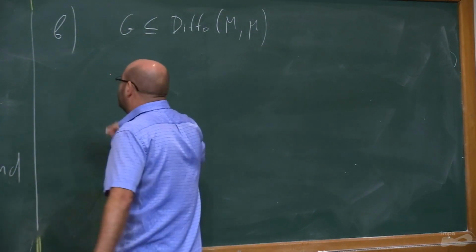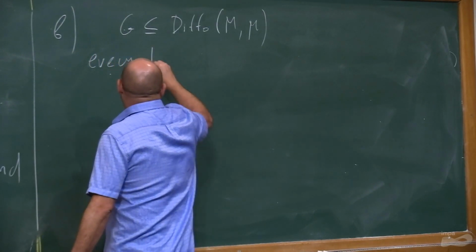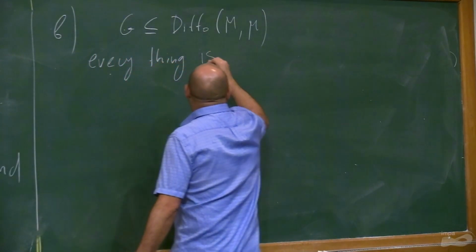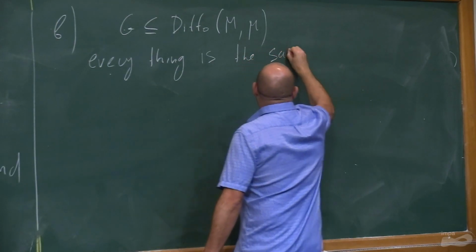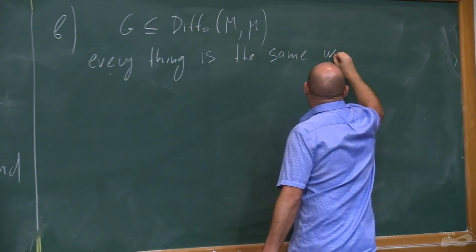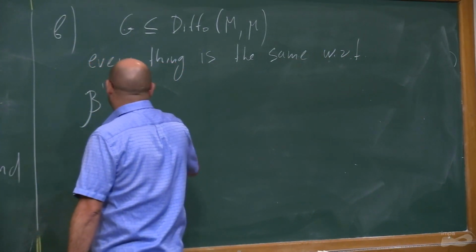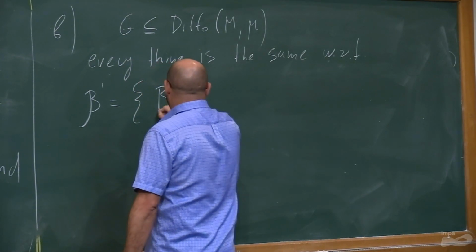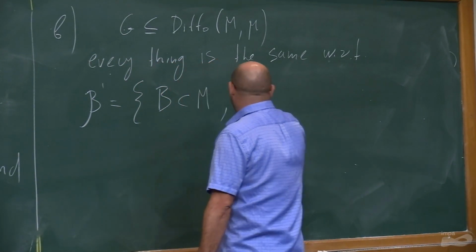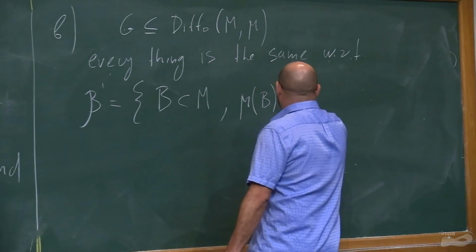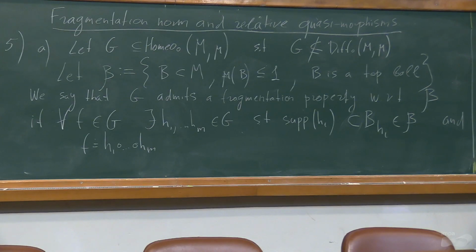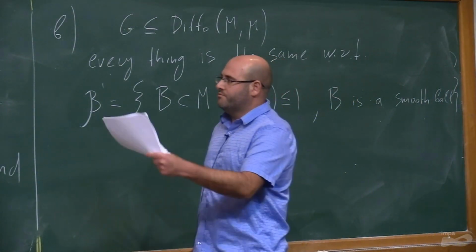So everything is the same with respect to the collection beta prime, which is again B in M so that mu of B is less than or equal to 1, and B is a smooth ball. Then we say in this case that G admits a fragmentation property.